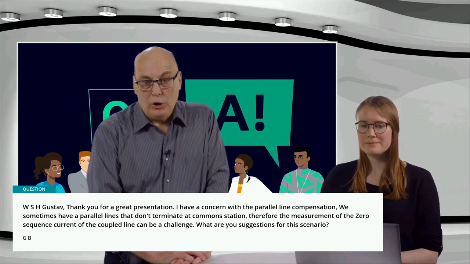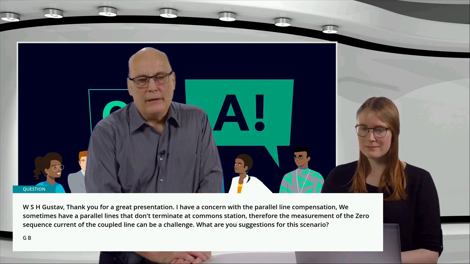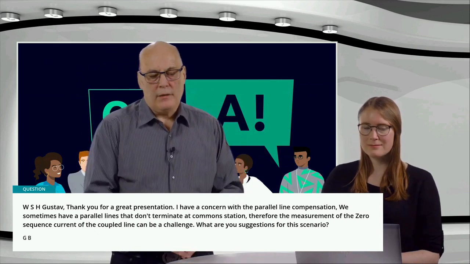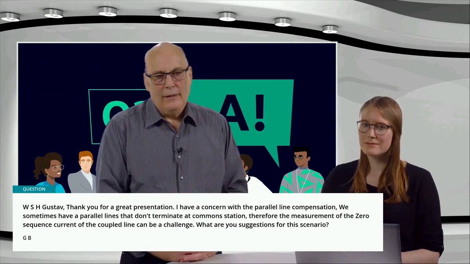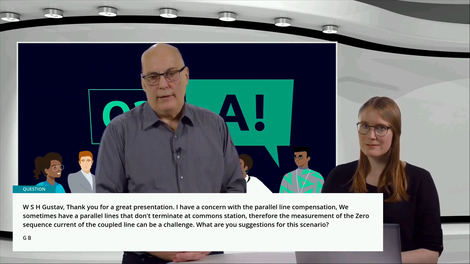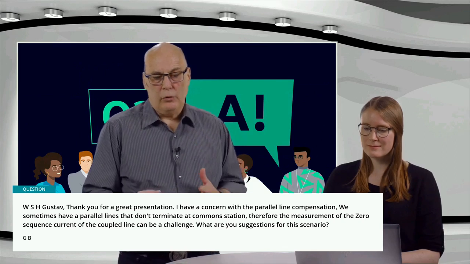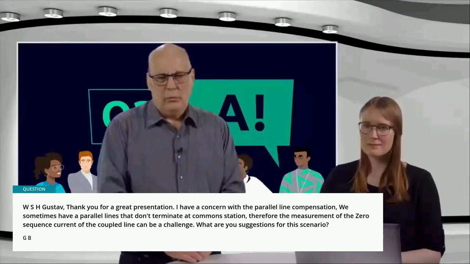This is unfortunately the most common condition for the parallel line, that it is not end-to-end, as in the example I showed. In some short lines in distribution, you have the end-to-end as we had in the example, and you can apply it. But if you have only a partial parallel line and you don't have access to that, then you have to consider it in the settings. As I showed you, you then have to calculate, and there are methods. There's also an application note that we can dig out.